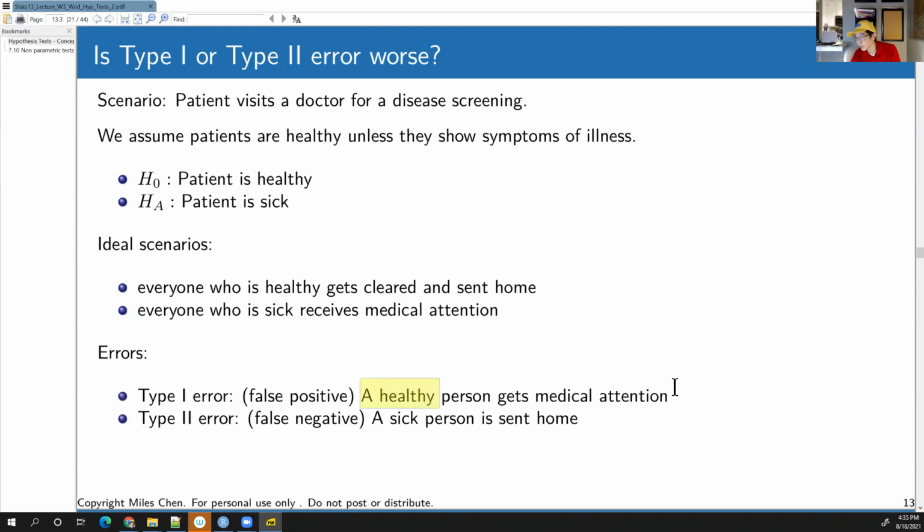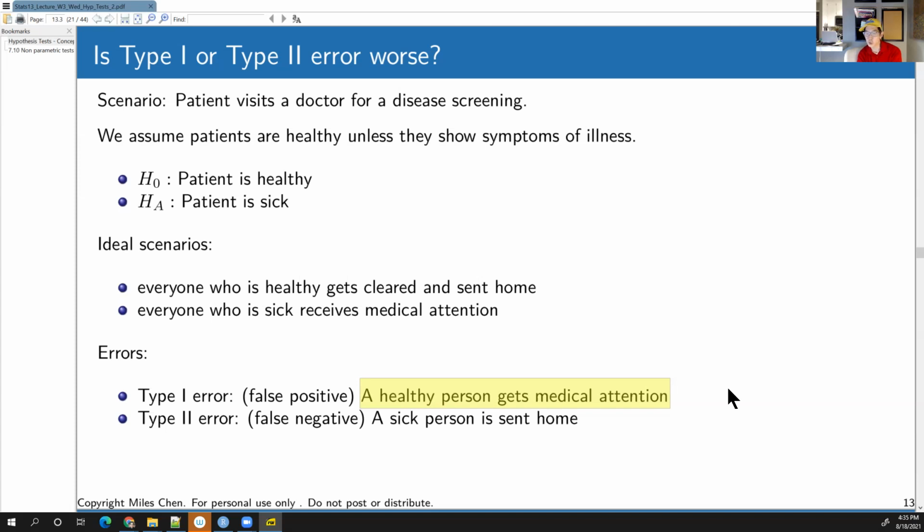A healthy person gets medical attention, the doctor says, you know what? This came up in our charts, let's give you some more tests or something. A type 2 error, though, would be a sick person is sent home, right? A person who's actually sick, a person who needs medical attention, the doctor says, there's nothing wrong with you. Just go home, okay?